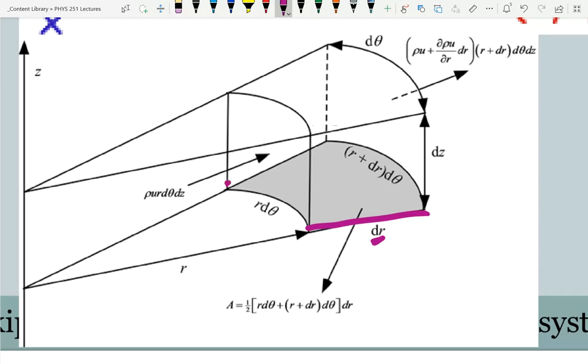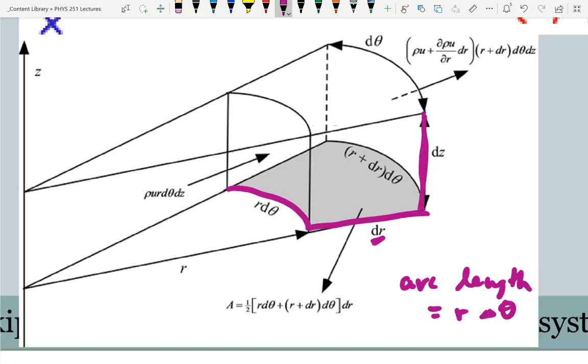This is an arc here. That's an arc, and the arc length is equal to the radius times the angle that you subtend, or r d theta. So that's why it has r d theta written there, because that's the length of that arc. And the height is, of course, just dz.